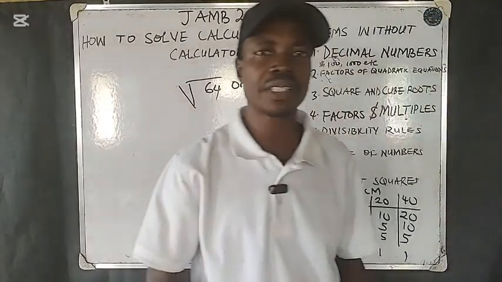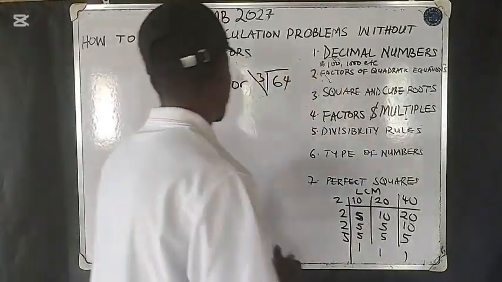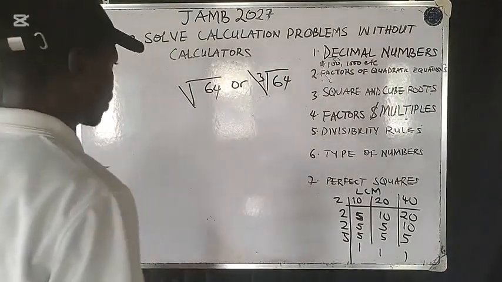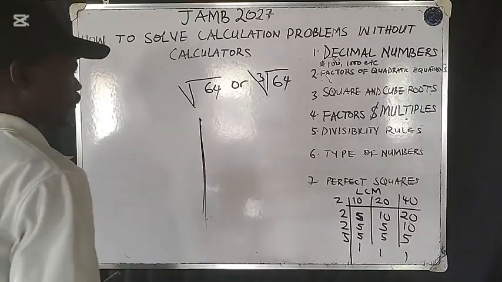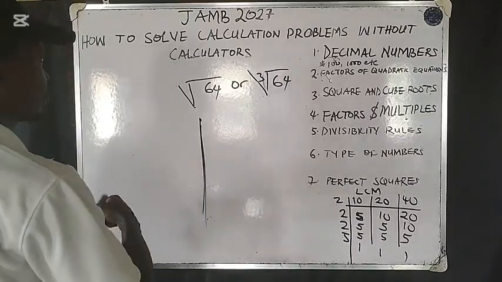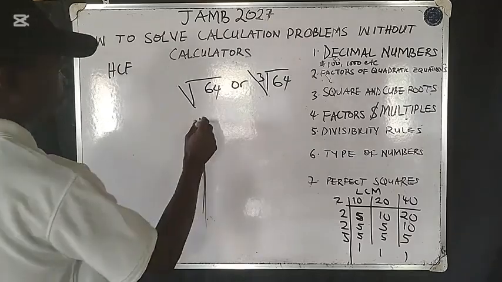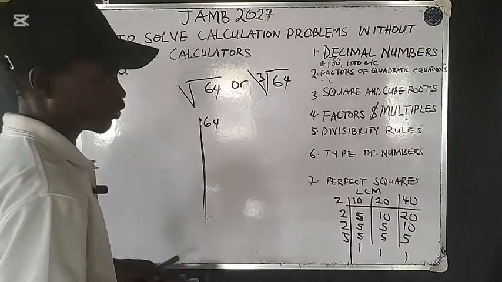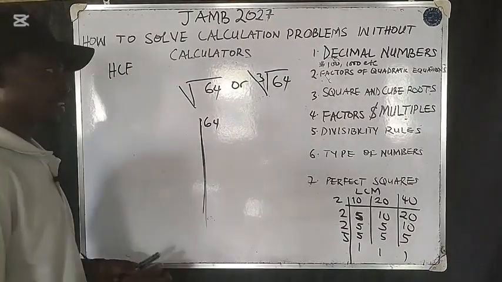Now we want to find the square root and cube root of 64 at the same time. To find the square root of 64 is very easy. All you just do is to behave as if you are solving HCF. Use factor method. Factor method 64. Find the factors of 64, like you do highest common factor that time.